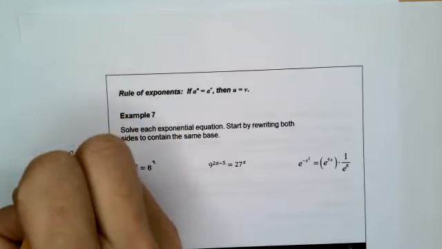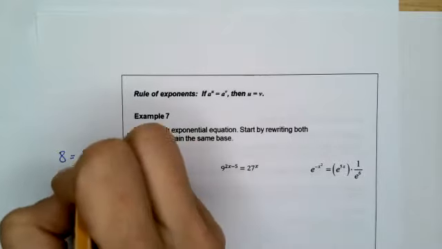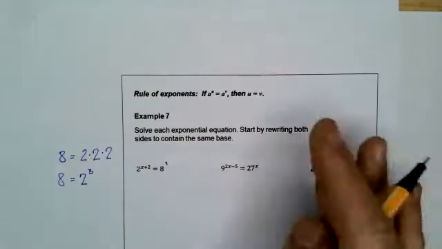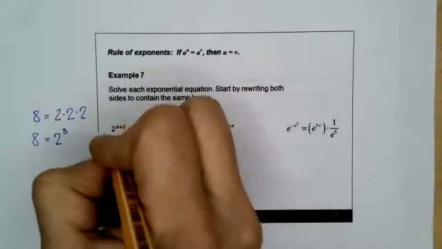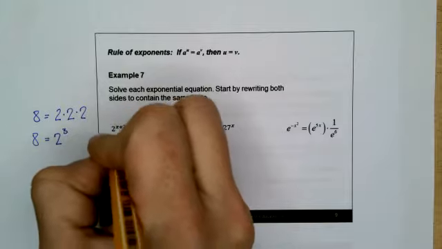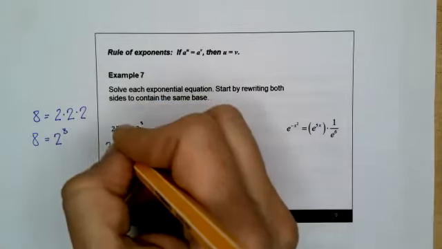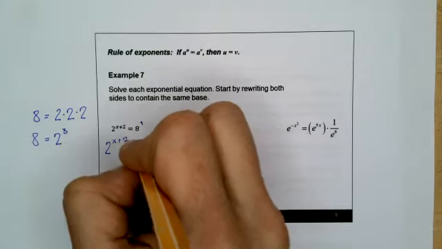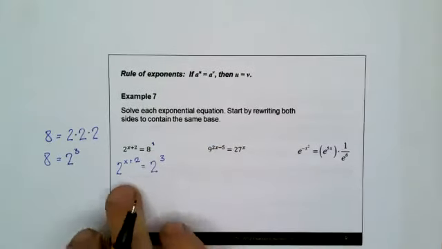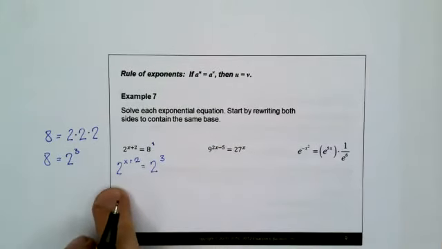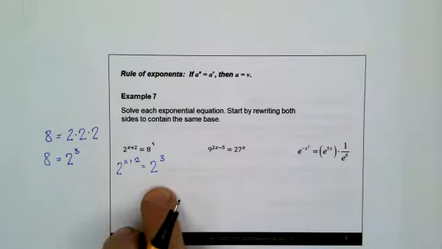So 8 is actually, as we talked about on page 1, 2 to the power of 3. So instead we can say it's 2 to the power of x plus 2 equals 2 to the power of 3, so that you have the same base. Now on both the left and the right, we have a base of 2.